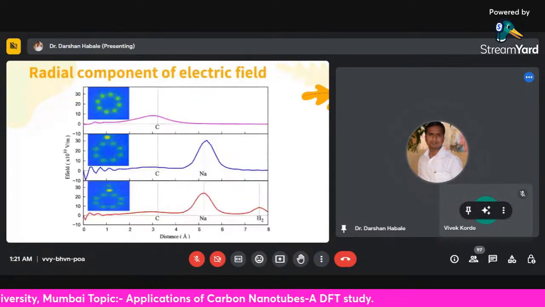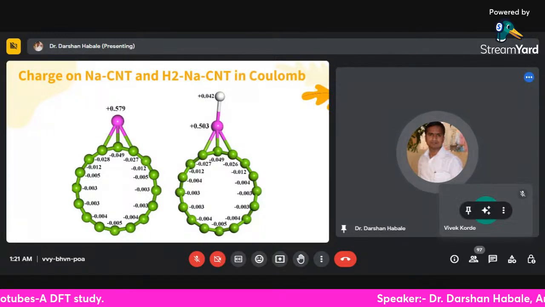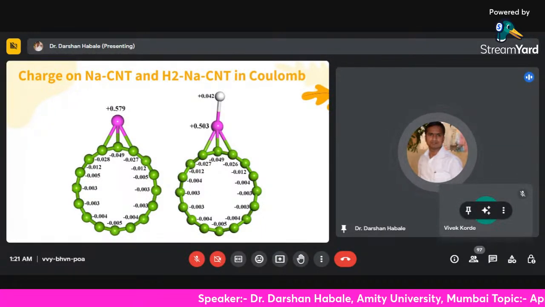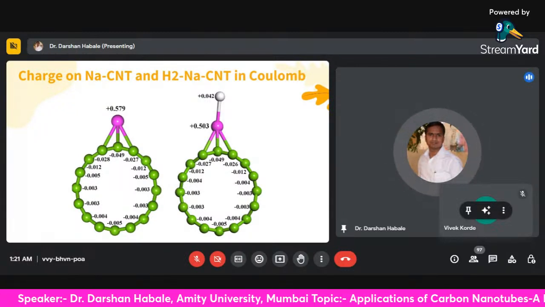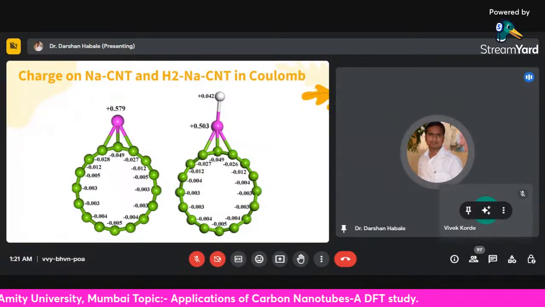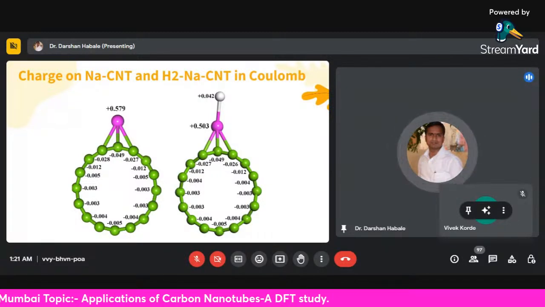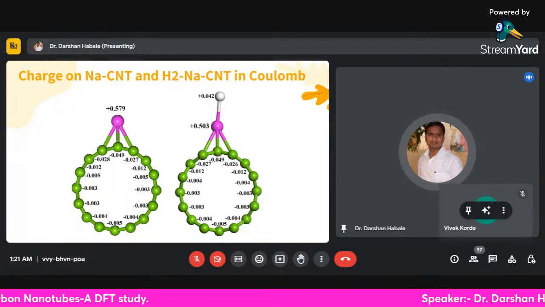If we dope the sodium and add hydrogen molecules on it, the charge transfer from sodium to SWCNT is split over the carbon hexagon nearest to Na, the nearest to that sodium. So this is what it says, the electric field, which attracts the six hydrogen molecules with a binding energy of 0.26 eV.